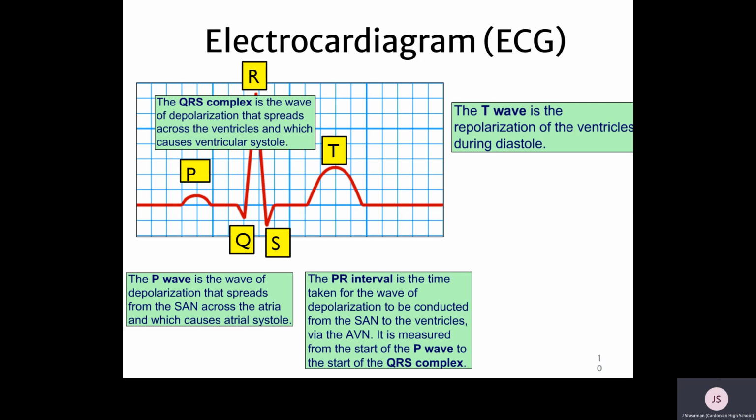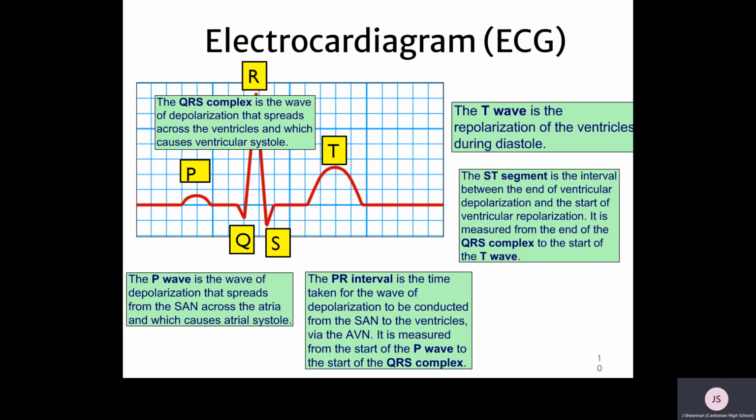They're going into diastole. So the big peak is the contraction of the ventricles, and then the little peak is the relaxation of the ventricles. And the relaxation is just as important as the contraction, because if the heart doesn't relax properly, it can't fill up again properly for the next contraction to pump the blood.